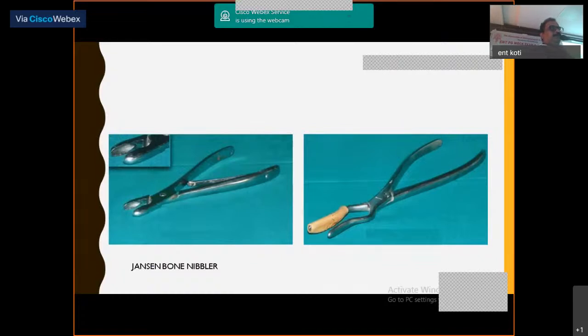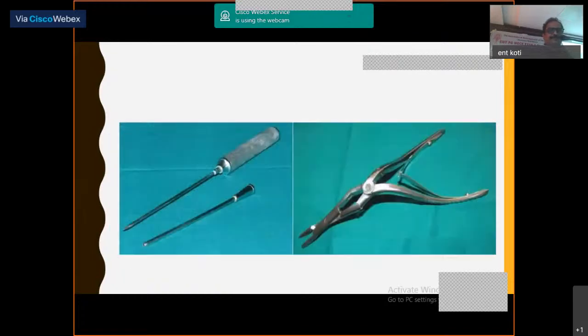We want to remove the medial wall of the maxilla. Then for cardiac operation also. Right? So this is all in the Caldwell-Luc process. Is this for the medial wall or the lateral wall? Lateral wall. We used to spend our lifetime manually doing these procedures. We used to do 20, 25 per day.